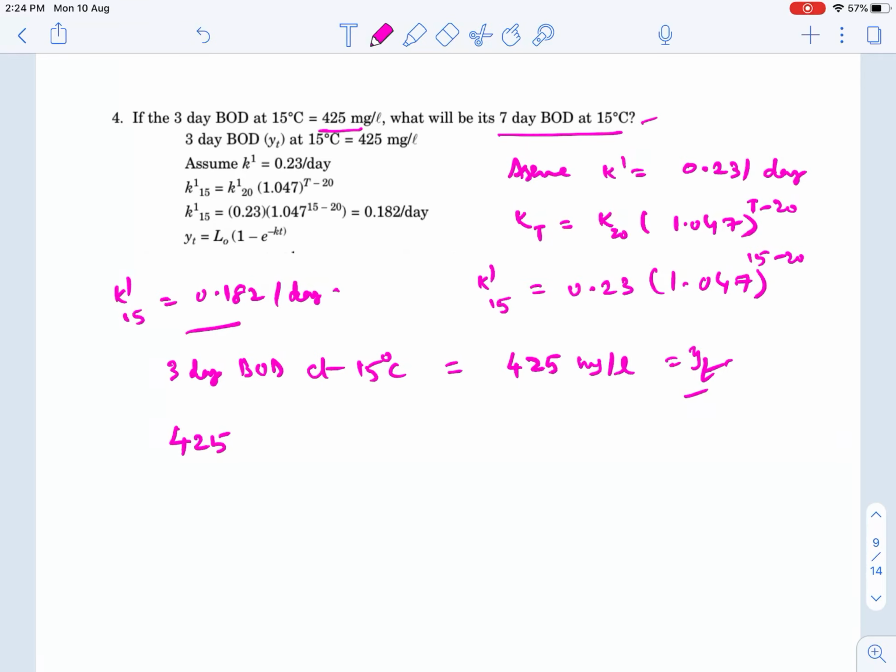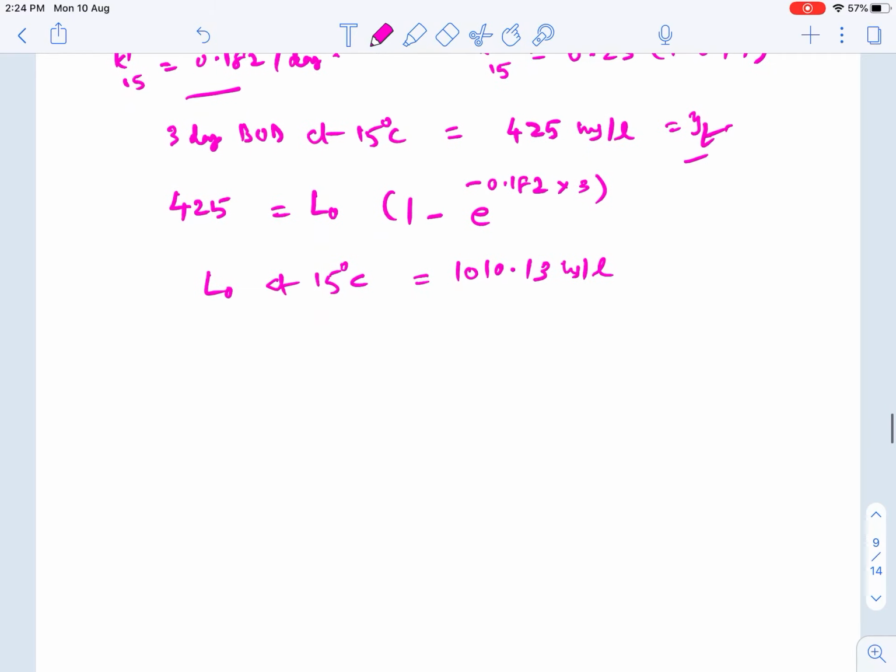So 425 is equal to L naught into 1 minus e to the power of minus 0.182, that is the deoxygenation constant at 15 degrees centigrade, into 3 days. So you can calculate L naught at 15 degrees centigrade as 1010.13 milligrams per liter.